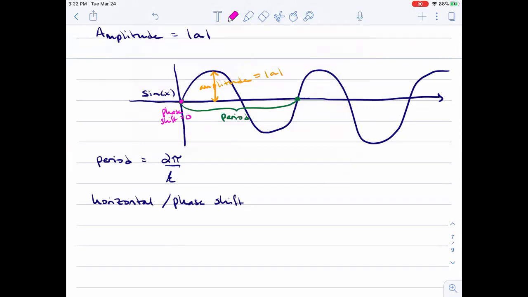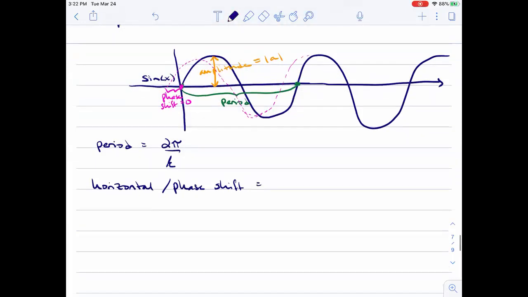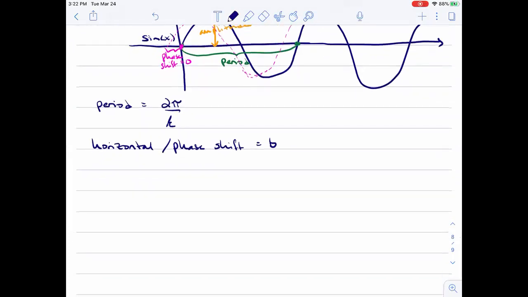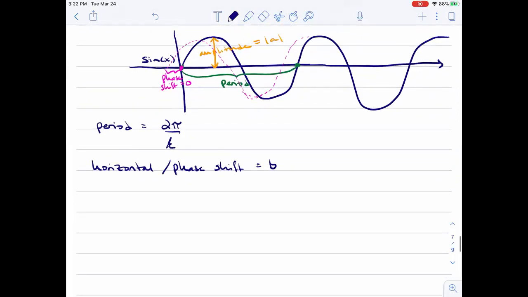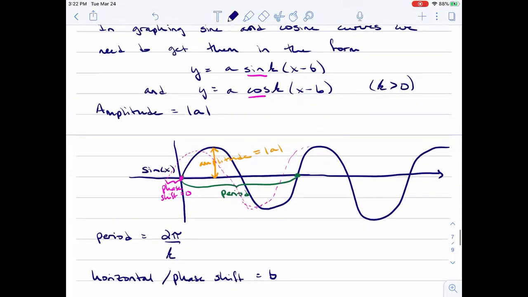Whereas if the curve started here, and this would be the phase shift, to the left or to the right. So the phase shift is B, and it's positive if it's to the right and negative if it's to the left.